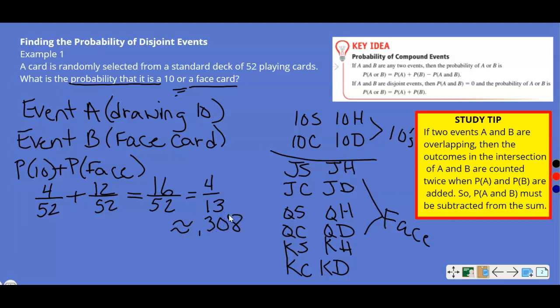And if we make that into a percent, that is about 30.8%. So that tells us that the probability that a randomly selected card is a 10 or a face card is about 30.8%.